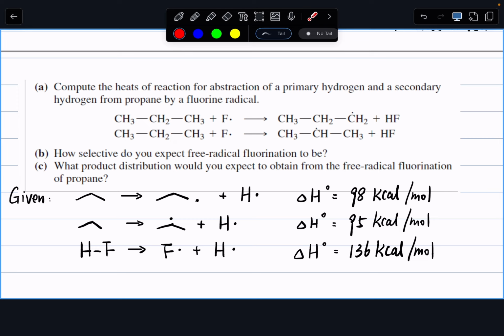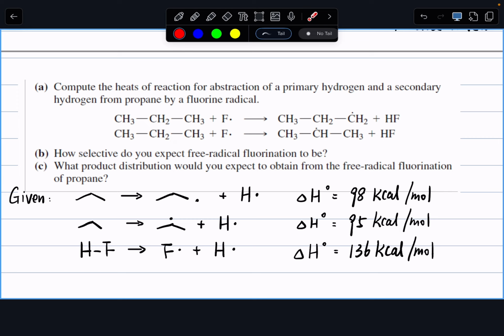So if we plot the energy diagram of your reaction profile, or reaction coordinates, this energy, we can put H as well, which is some form of energy. Now this reaction is a highly exothermic reaction, way more exothermic compared to our chlorination reaction, because HF is such a strong bond.